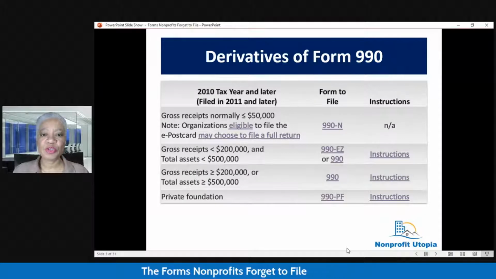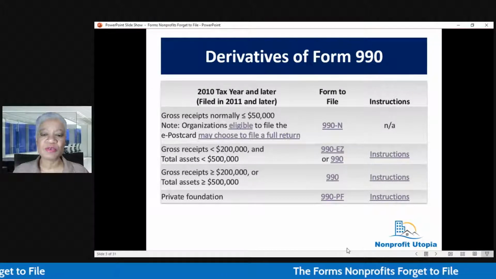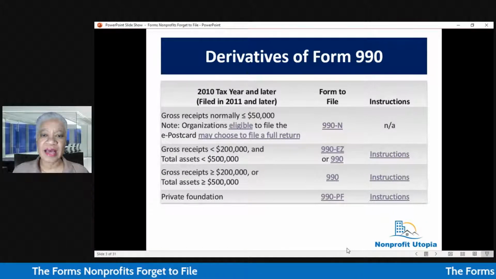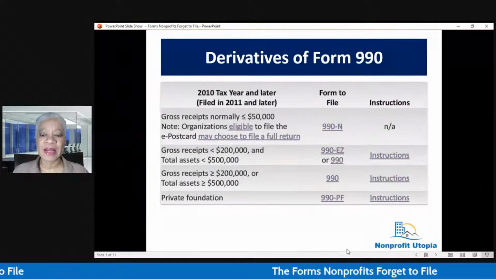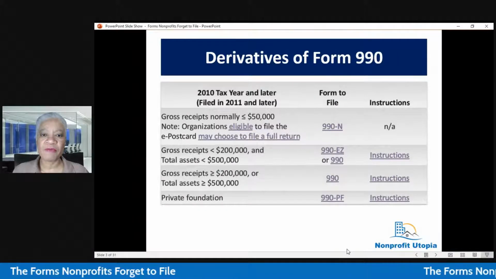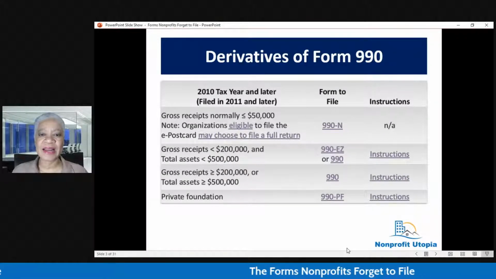And if you don't do it, provided that your organization makes under $50,000, the penalties for not filing are pretty small. The disadvantage to using the postcard instead of a full Form 990 is the fact that your 990s are posted on the IRS website, they're posted on GuideStar's website, and a number of other websites.